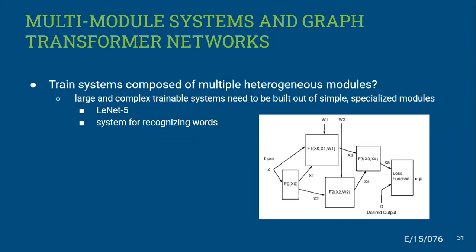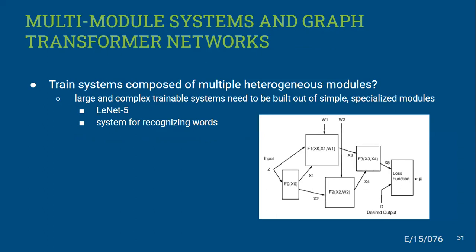Why would we want to train a system composed of multiple heterogeneous modules? The answer is that large and complex trainable systems need to be built out of simple specialized modules. The simplest example is LeNet 5, which was described previously.